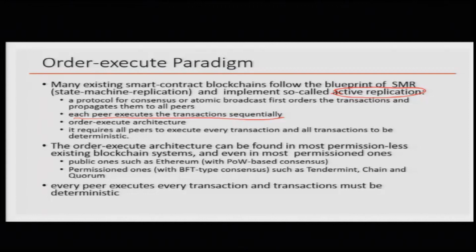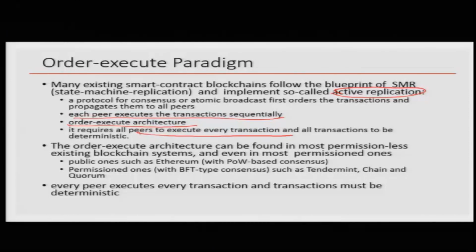So, they have to do this sequentially as they get the block that wins. This order-execute architecture has characterized the first 2 generations of blockchain, and it requires all peers to execute the transactions, and all transactions have to be deterministic.